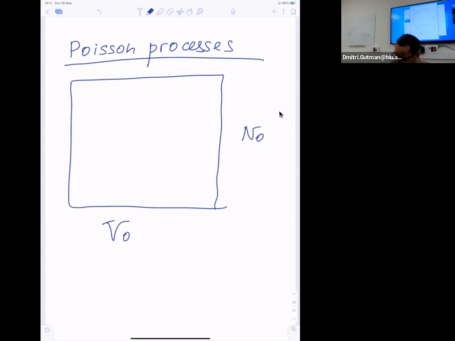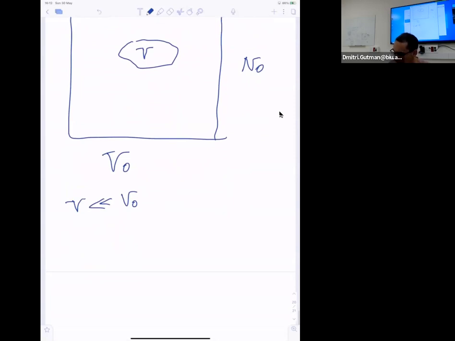And then let us take a small fraction of this container with the volume of V, assuming that V is much smaller than V0. And ask, what is the probability to have a number n of particles to be within this volume V?